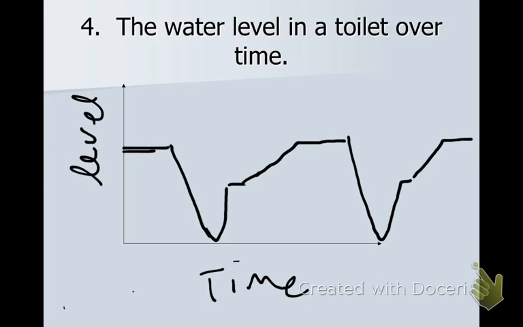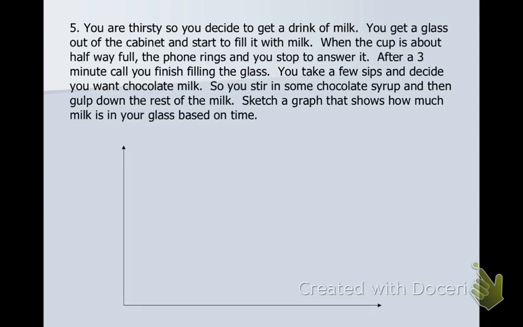Now, what we'll do is, it's just to give you an idea of what a graph should look like, sketch what it should look like. Now, what we want to be able to do is take a little bit more specific story and sketch a graph based off of it.